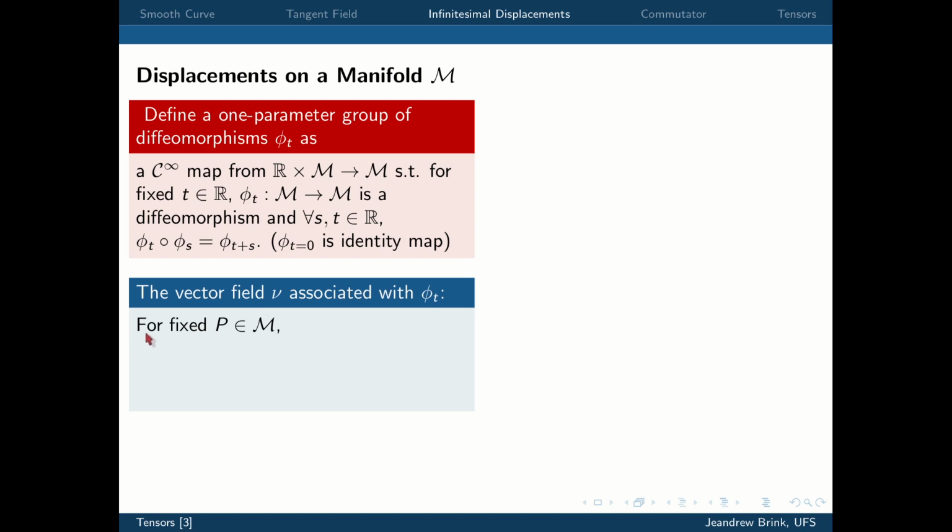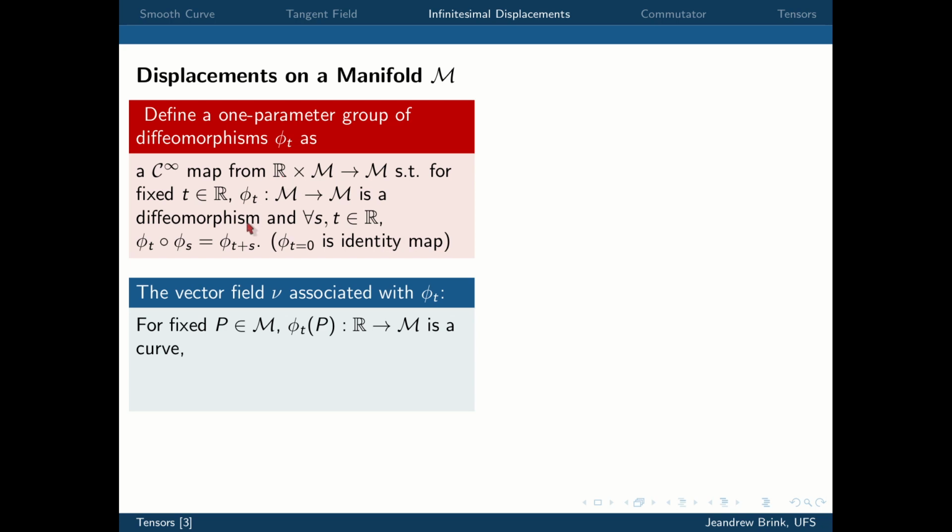Okay, so we're going to say for a fixed P in M, we are going to examine everywhere this diffeomorphism maps that particular point. Remember, our diffeomorphism takes every single element in M and maps it to another one if you tell it how far.